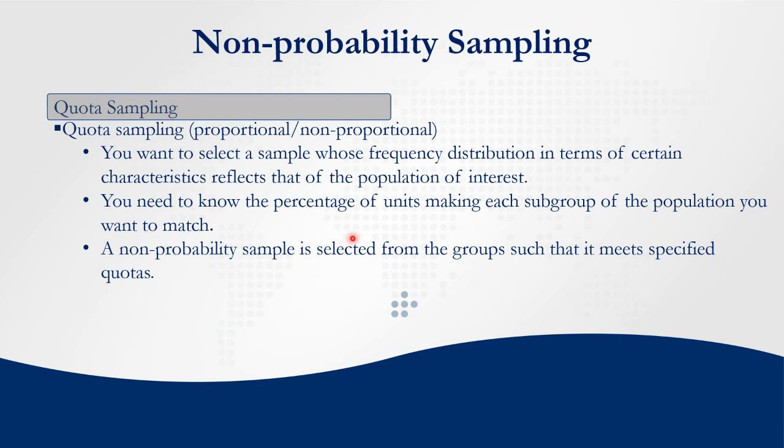And the quotas also, even when you are doing convenience sampling, sometimes you still want to make comparisons, right? So that's why maybe you want to have certain numbers. Or sometimes you don't want to make comparisons, but you want your sample to be representative.